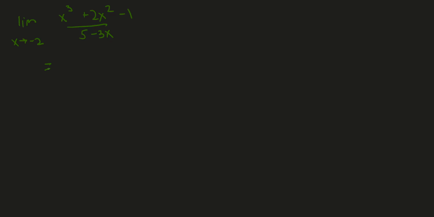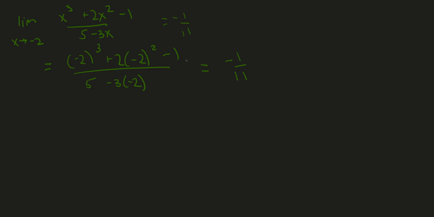So I'm going to go ahead and plug in -2 everywhere here. If we carry on through this calculation, this should give us, let's see, -1 over 11. And so that's our limit here, -1 over 11. So you can see it's pretty simple. We're just plugging in the value and it gives us what the limit is equal to.